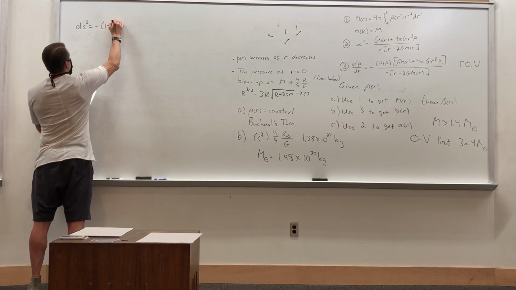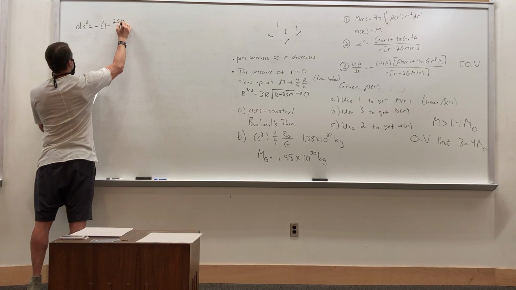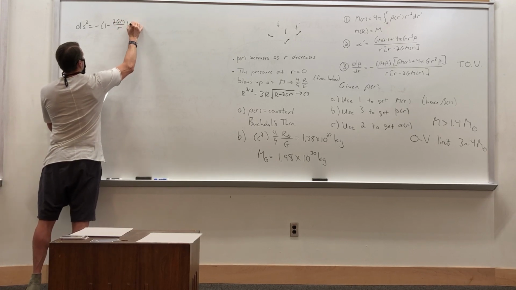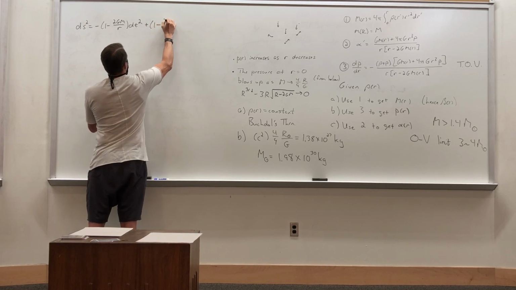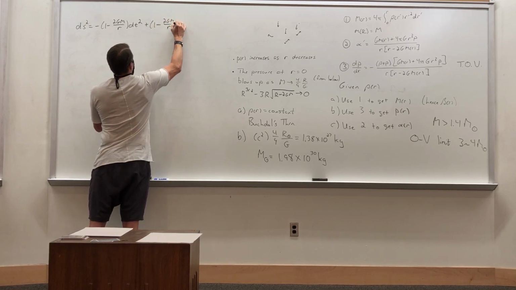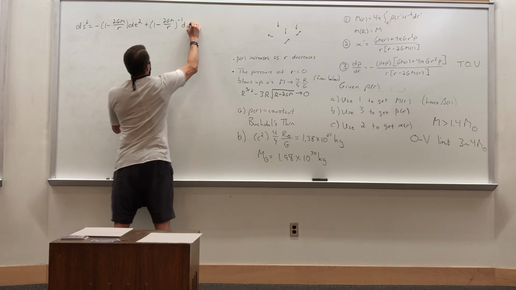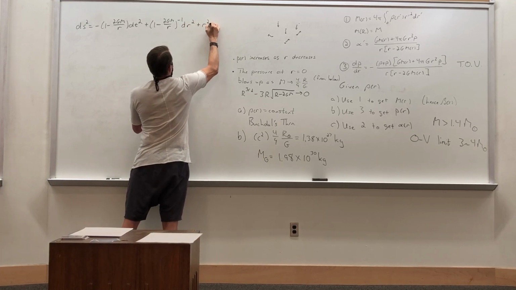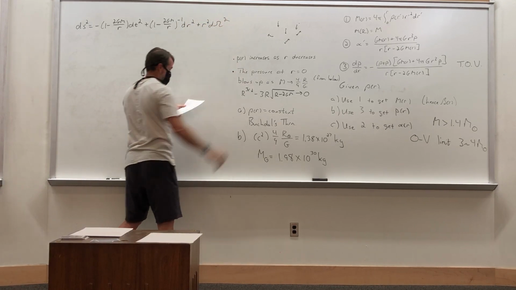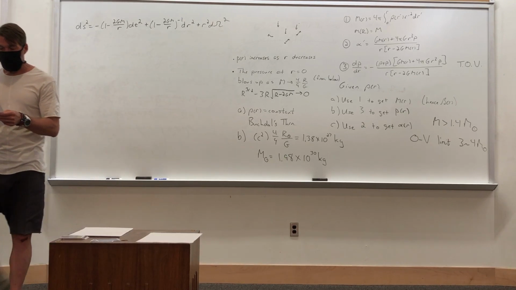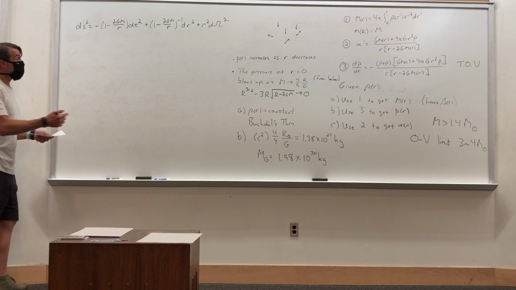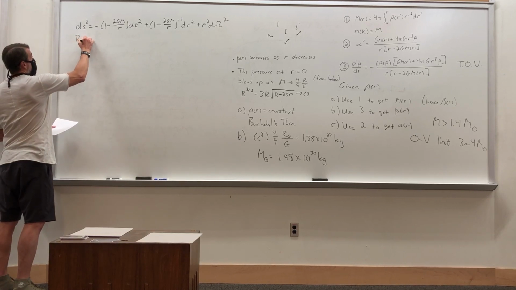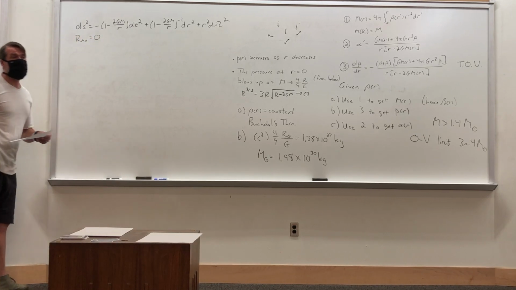So just a reminder of what the metric looks like. Once again, this is a spherically symmetric solution to R mu nu equals 0.